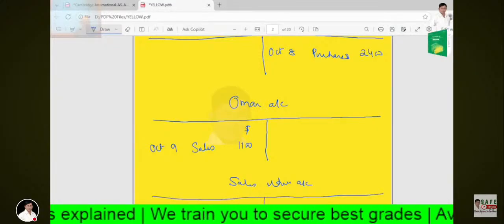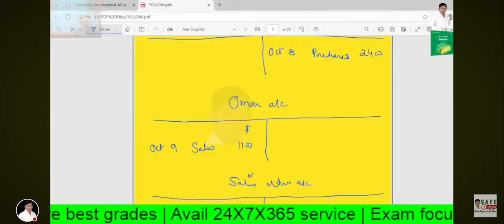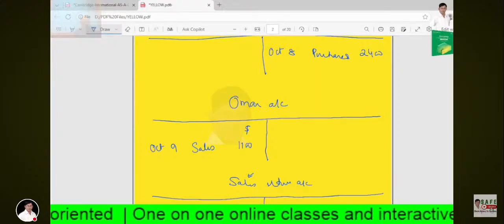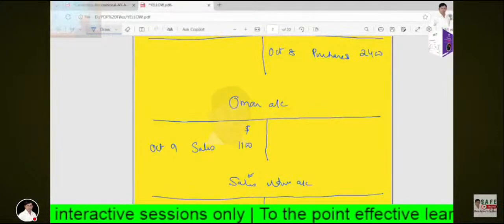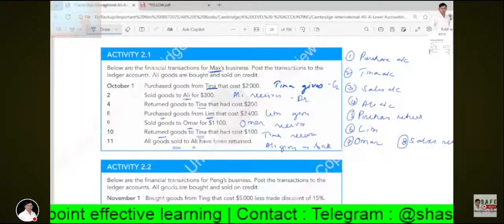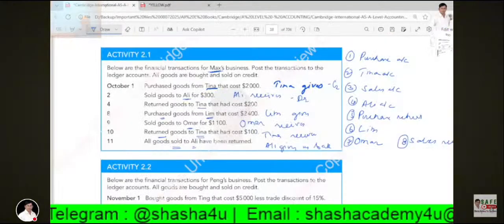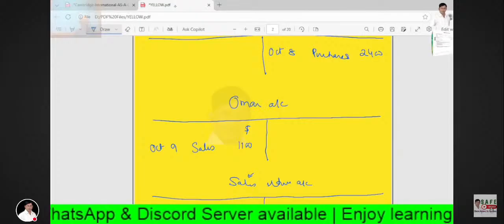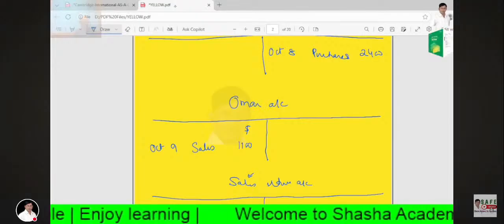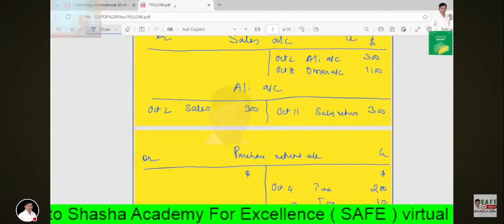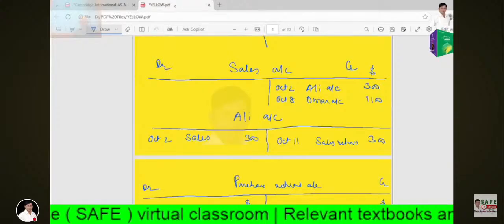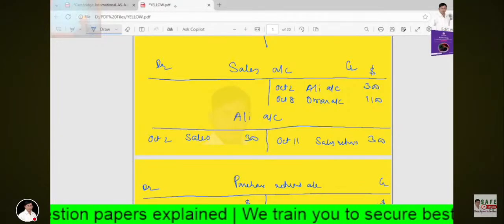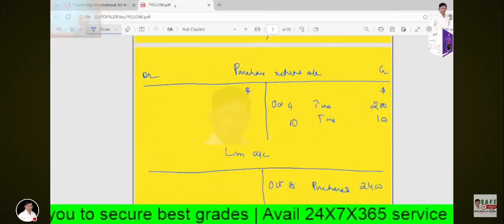Sales is always a credit. Sales returns is exactly the opposite, so it is always a debit. Here, on October 11, the total value is 300.